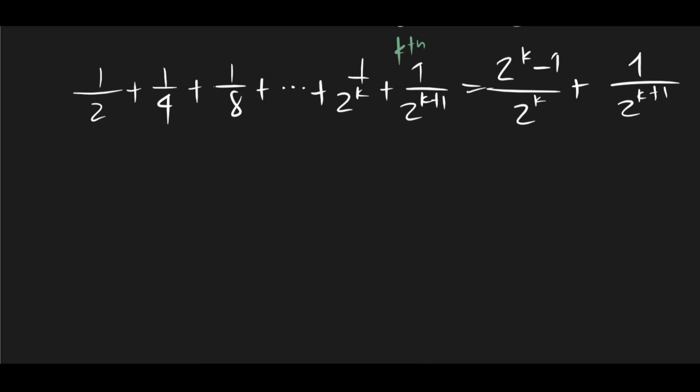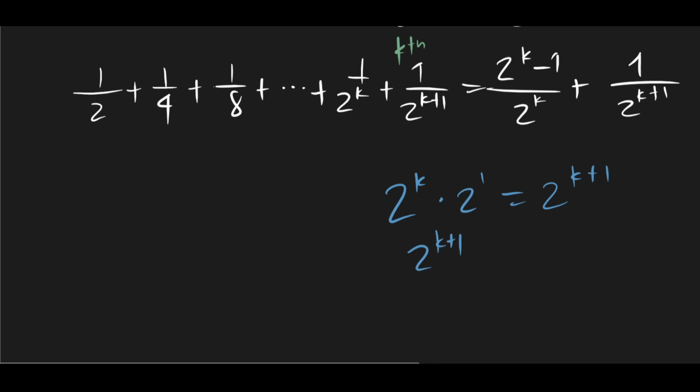So what do we need to multiply to 2 raised to k in order to get 2 raised to k plus 1? From the law of exponents, you have to multiply 2, so this is 2 raised to 1. This is also equivalent to 2 raised to k plus 1. That's from the law of exponents, so we should not forget that.